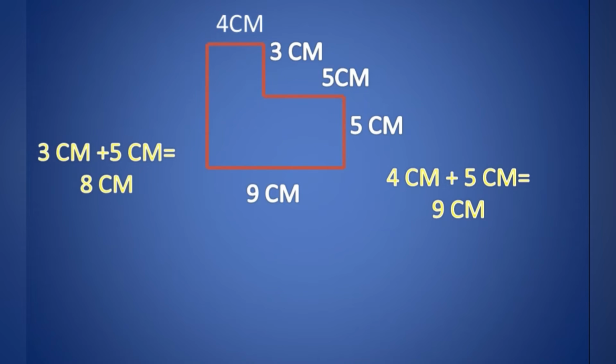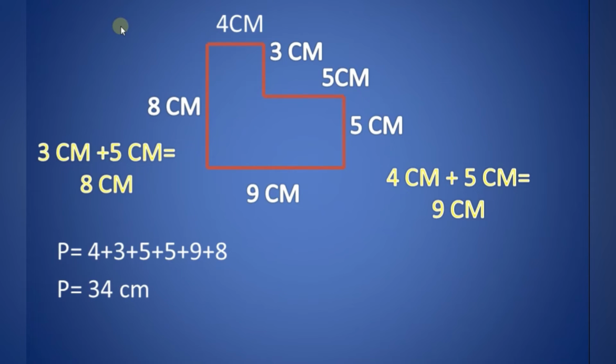So that unknown length is equal to 8 centimeter. So now what we need to do is to add up all the lengths to find the perimeter. Therefore, P is equal to 4 plus 3 plus 5 plus 5 plus 9 plus 8, which give us a total of 34 centimeters.